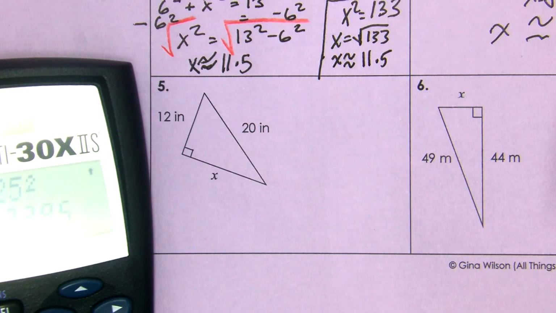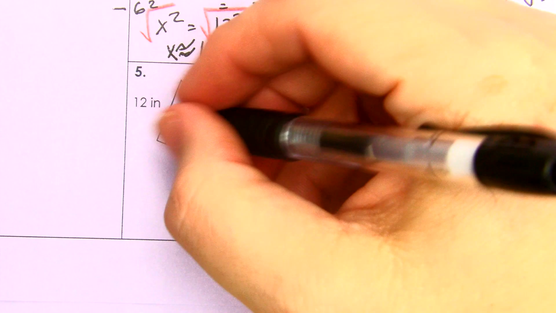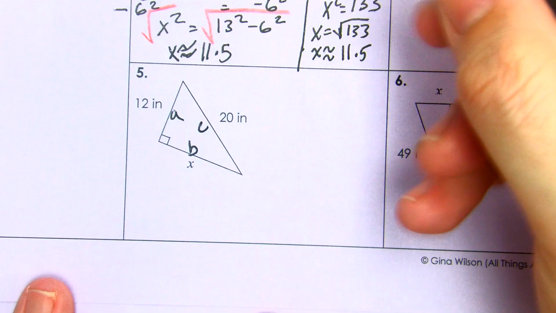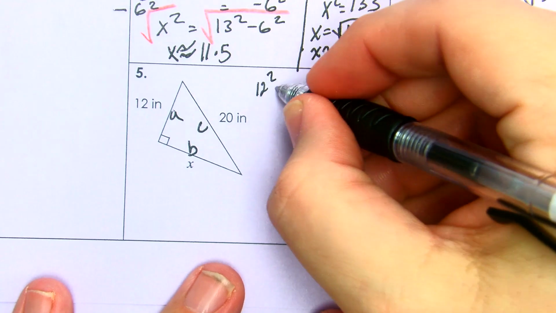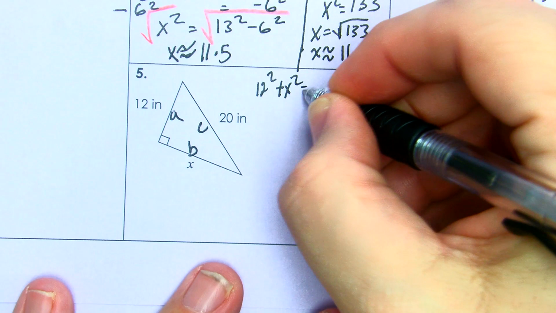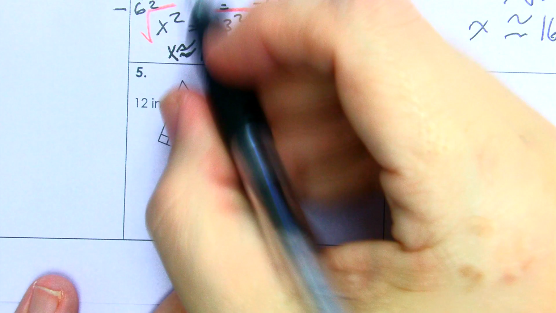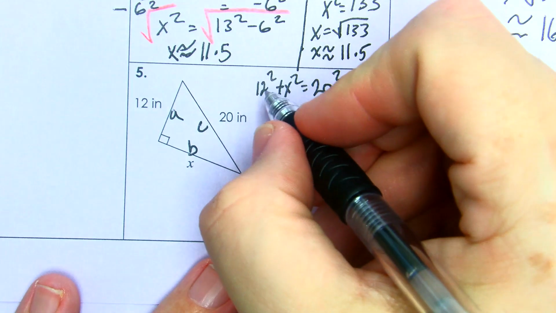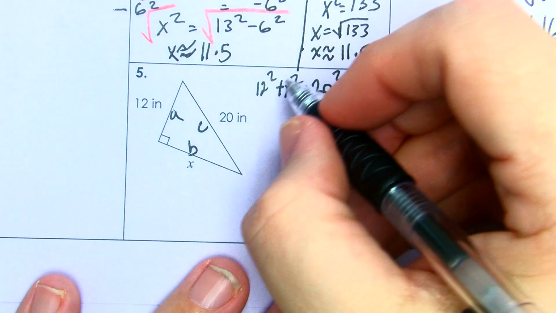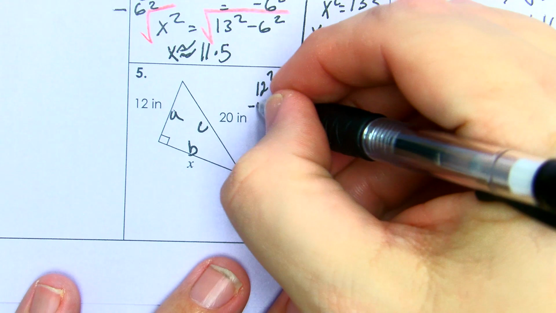All right, 2 more. Again, A, B, C. So we're going to get 12 squared plus x squared is equal to 20 squared. So we just label and go from there. And everything is exactly the same anyway. So subtract your 12 squared.